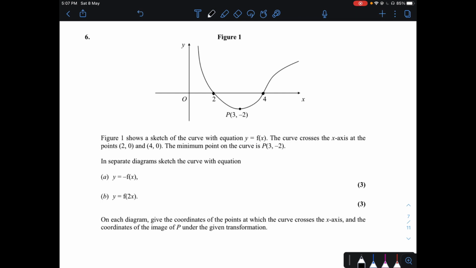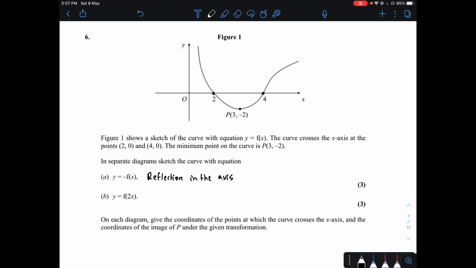Now the key with this is to remember what these transformations mean. y equals minus f of x is a reflection in the x-axis. That's the first thing we need to know. The second thing, for part B, is what's happening to the 2x inside.